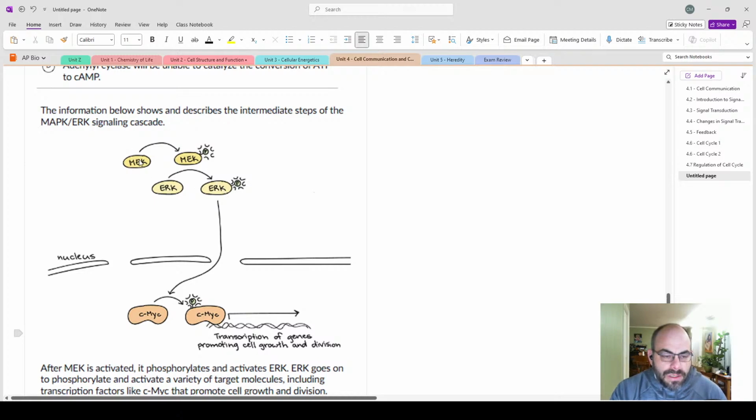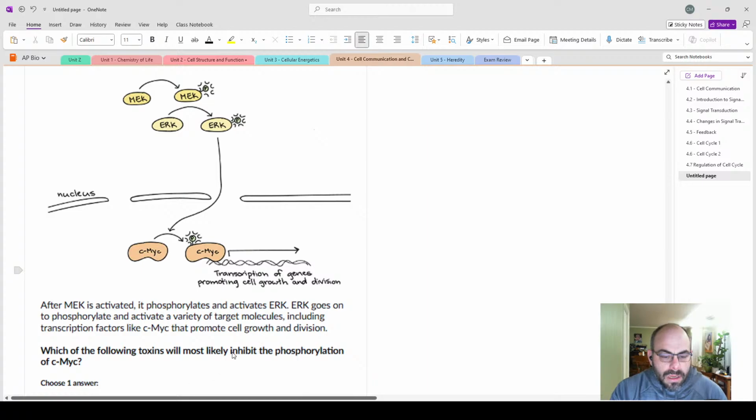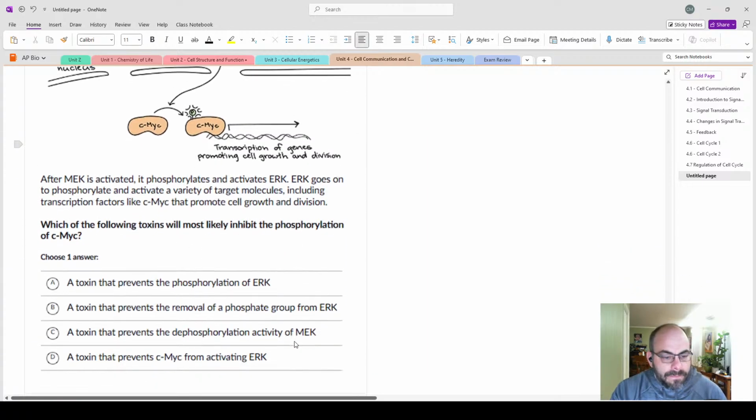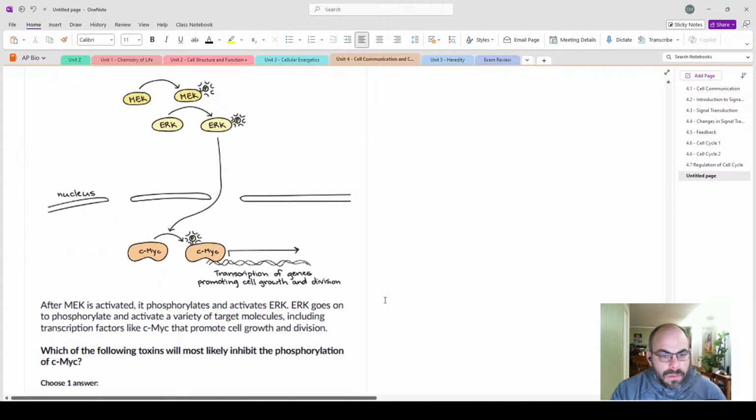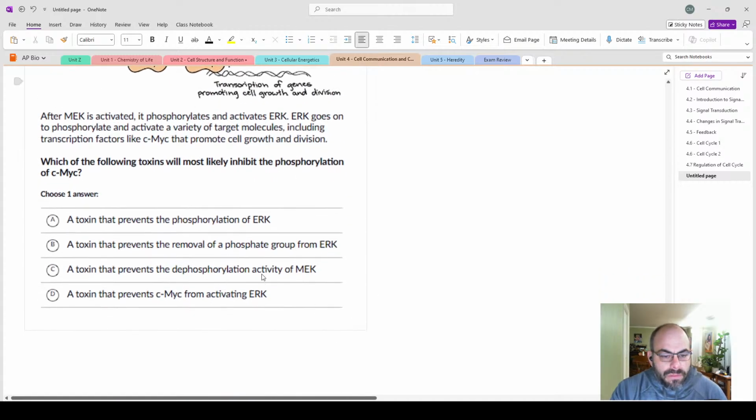So if there's a toxin that prevents one of these from being activated, that is going to inhibit that from happening. I'm done. Not even reading these other ones. I literally said I'm looking for that, and that's the first one that I read, right?